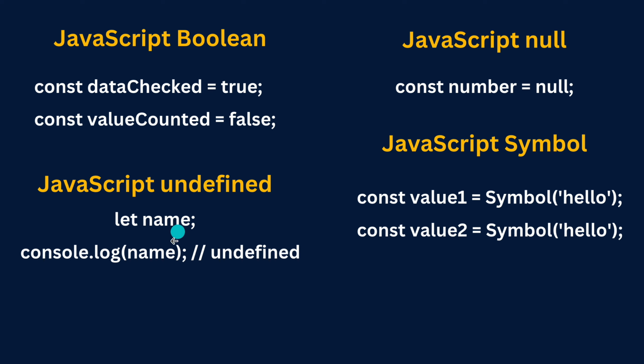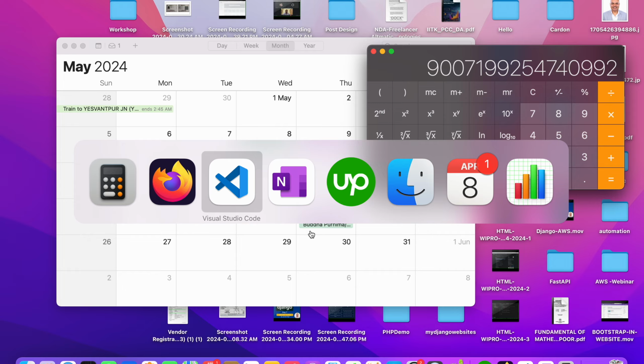Undefined: let name, you're trying to print. You are not giving any value, just let name and printing, what will it give? Undefined. See this.